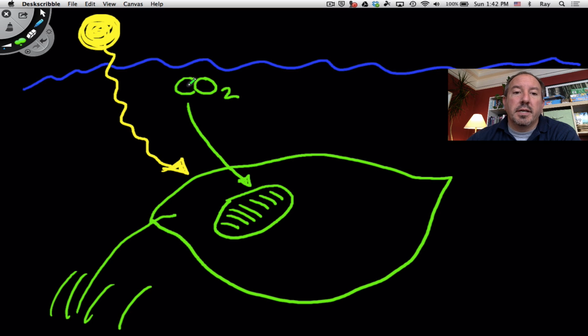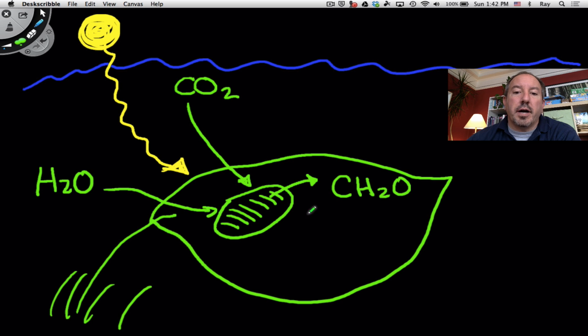Chlorophyll is the pigment, and so it's taking in water and carbon dioxide right there. These are the inputs to photosynthesis, and through the chemical reaction of photosynthesis, the plant is making a carbohydrate, and there it is, carbohydrate, and it's also producing oxygen. And so there you have it, photosynthesis, primary production.